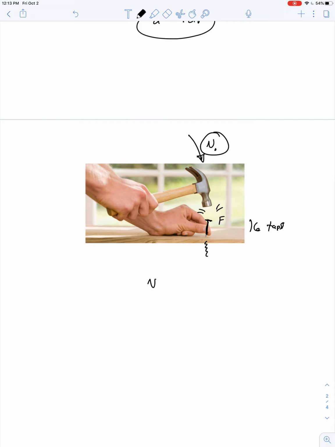I think you can argue that the speed would have to be 4 times the original speed because kinetic energy is proportional to velocity squared. So if the velocity goes up by a factor of 4, the kinetic energy goes up by a factor of 16.